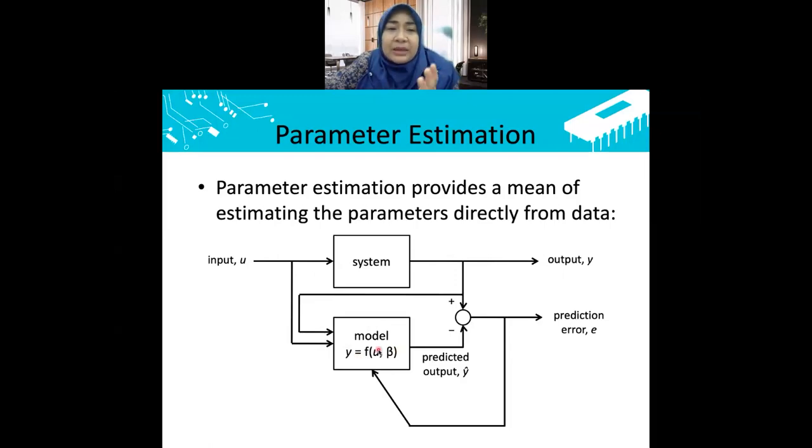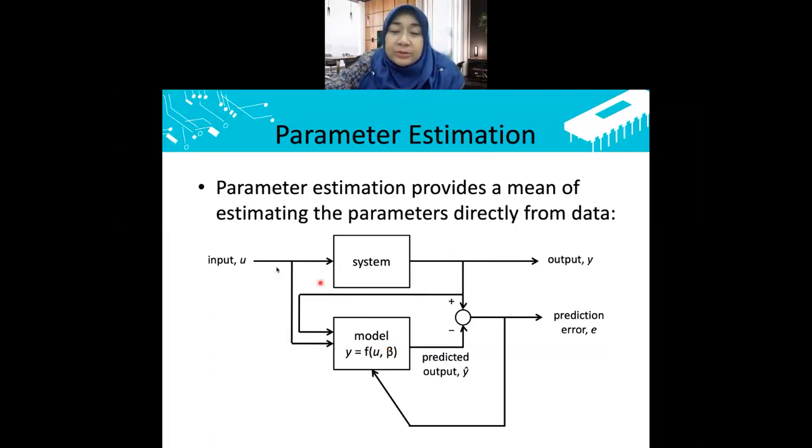We can model the system based on a specific or standard mathematical model, and then we can predict the output and check if the predicted output is the same as the actual output, so then you're going to get your prediction error. Based on that prediction error, we can then tune our model so that it can improve the previous prediction.